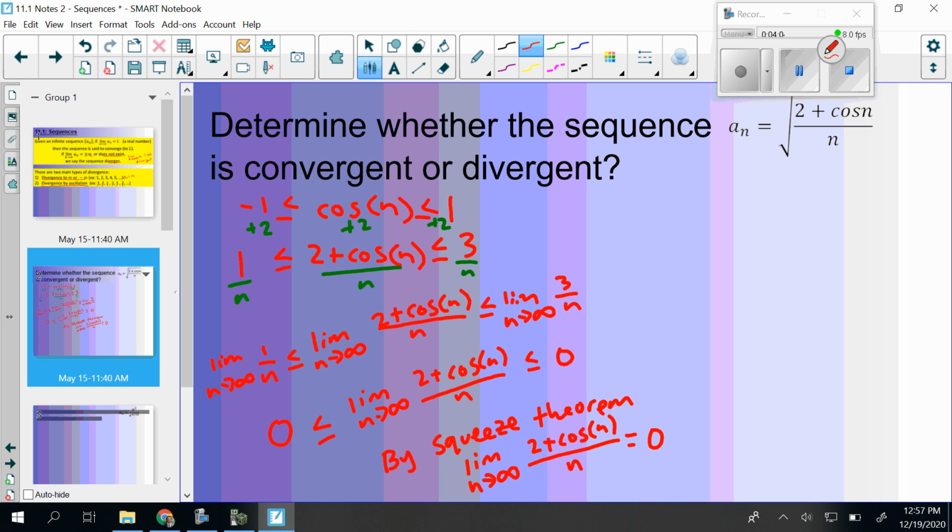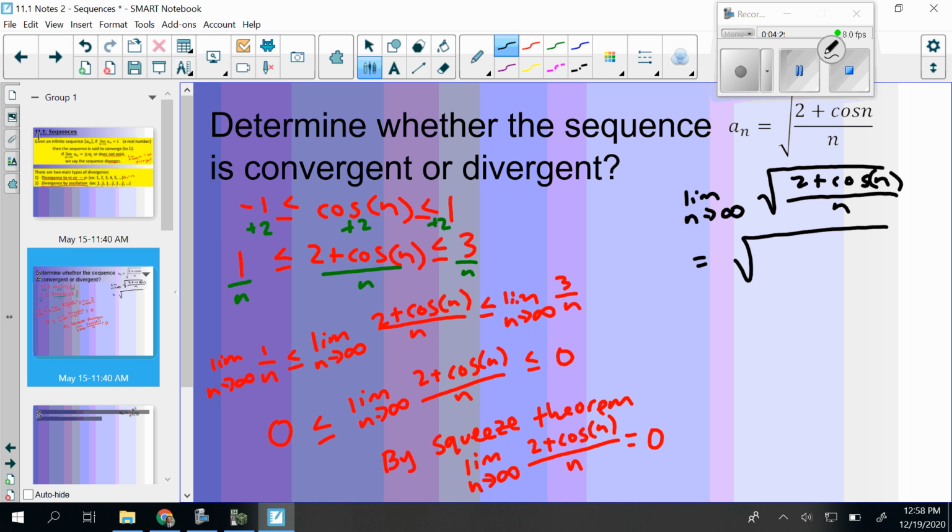All right, so now we can figure out this one up here. So limit as we approach infinity of this function, we got that square root over this, should be the same thing then as the square root of the limit as n goes to infinity of this.